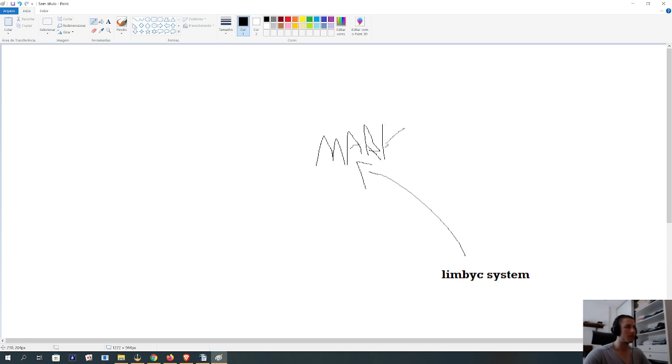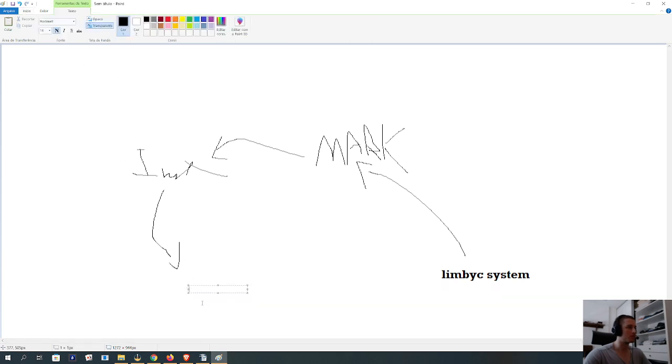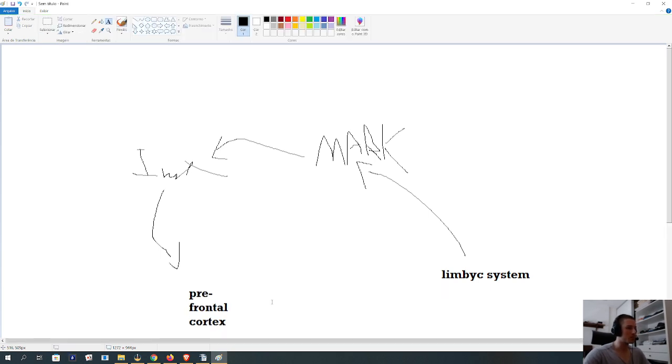It's pretty bad, but then this becomes institutions. Then these institutions go through the limbic system again. Maybe it's not the limbic system. I think both of these are prefrontal cortex. But there might be other stuff from the brain that I'm not familiar with that makes the gap between the two.